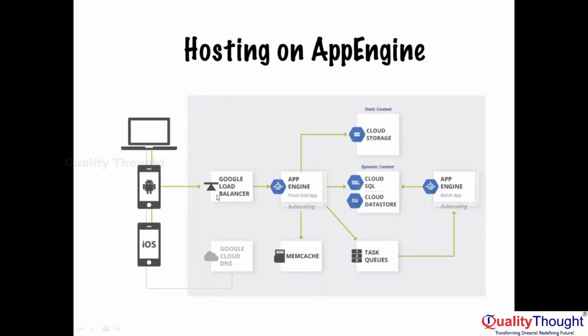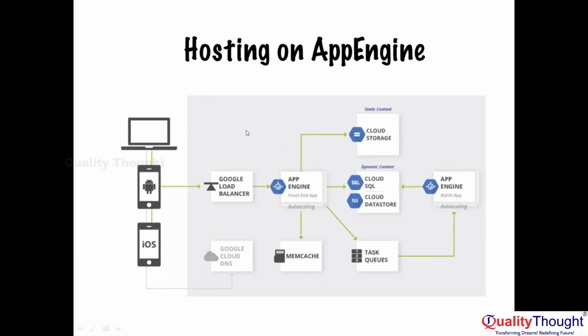Here, for the applications you are deploying from other third-party systems, App Engine will take the requests through the Google Load Balancer. Based on the load, it will deploy and execute the services. App Engine is available as the front-end app, in between the backend data and the client side.